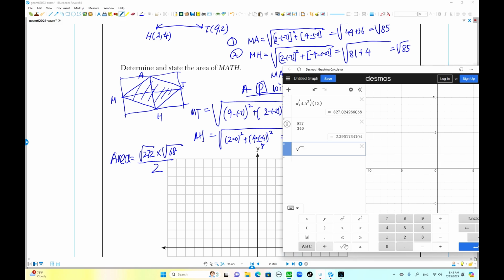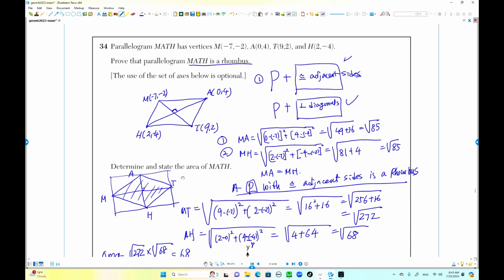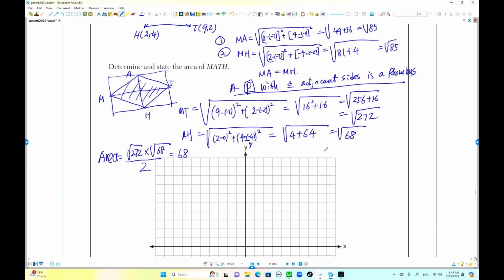The square root of 272 times the square root of 68, then divide by 2. That equals 68. Where is the unit? Square units. That's the answer.